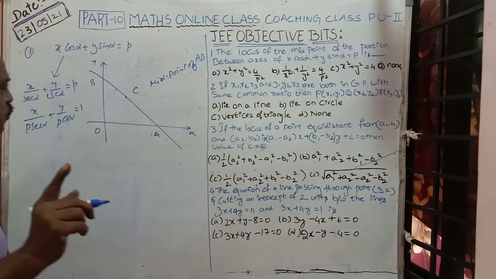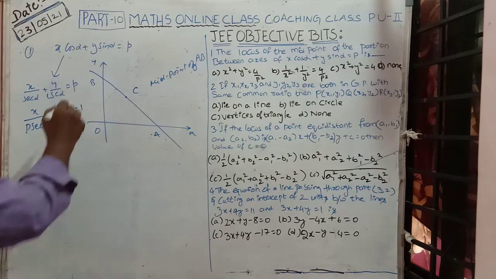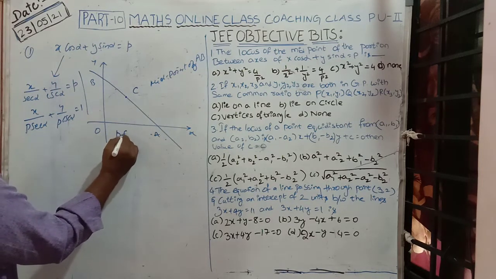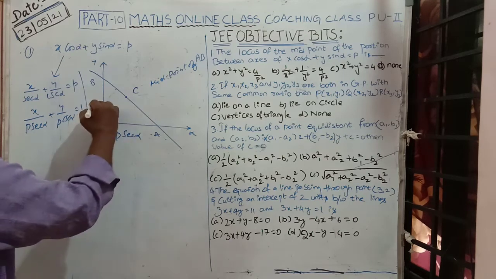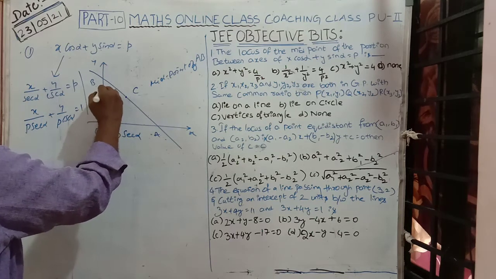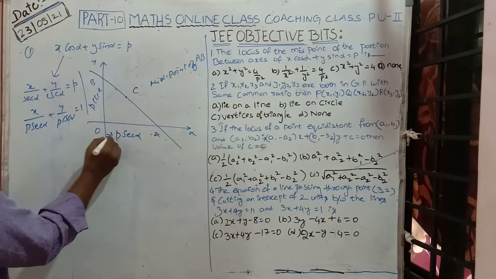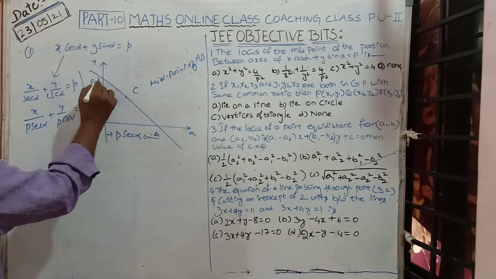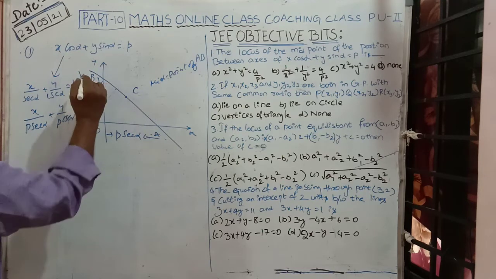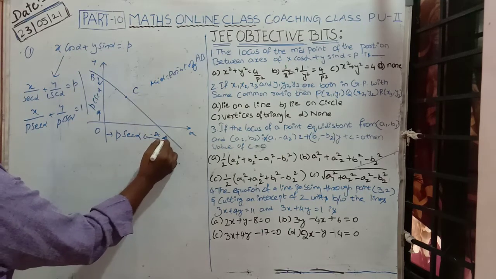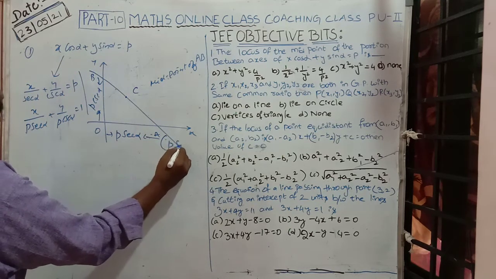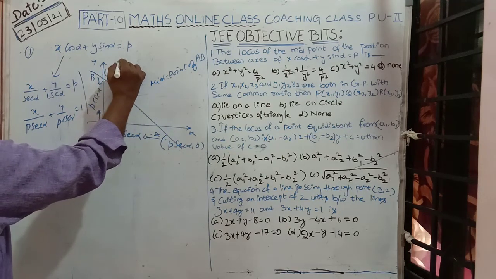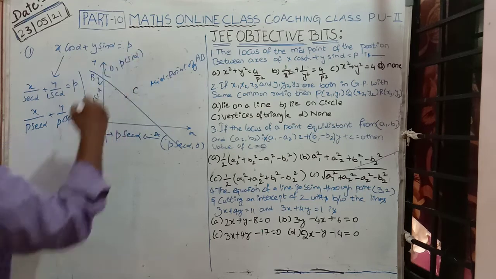Will you agree? So here is p secant alpha and here it is p cosecant alpha. p secant alpha is the x-intercept. This is the y-intercept. So A is (p secant alpha, 0). B is (0, p cosecant alpha). Will you agree?